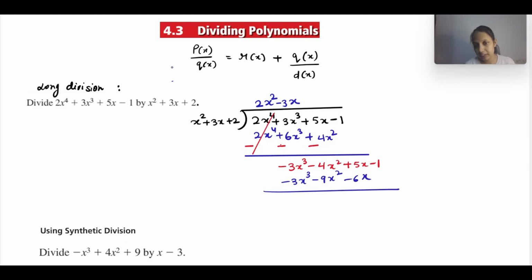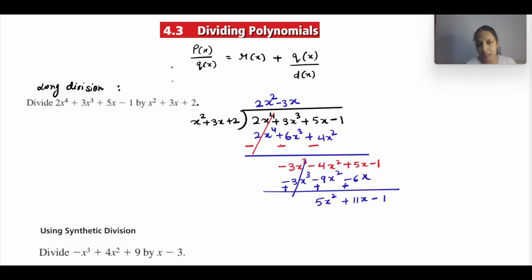Change the signs. This negative becomes positive, this negative becomes positive, this negative becomes positive. This cancels. Minus 4 plus 9, it's plus 5x^2. Plus 5x plus 6x, it's plus 11x minus 1.